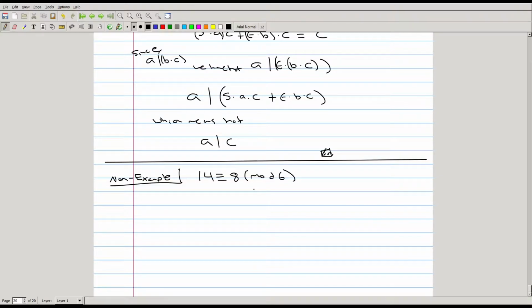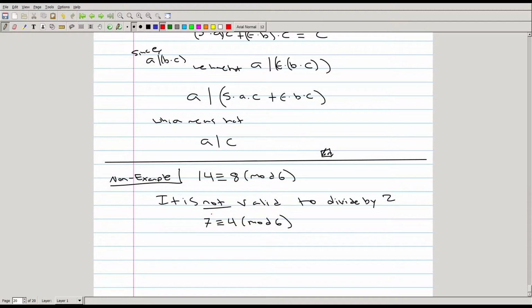This holds and is valid, but what's not valid to write is if we divide by 2 and write that 7 is congruent to 4 mod 6.